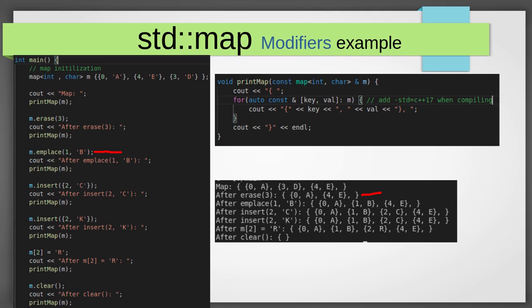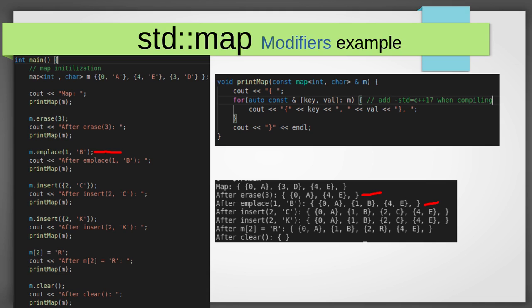In this line I use the emplace method to insert a new pair with key equal 1 and value equal p, and in this line you see a new pair is added.